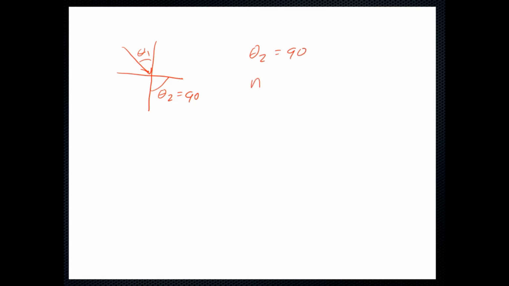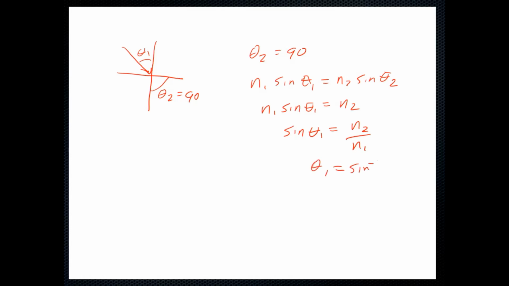We have n1 sine theta 1 is equal to n2 sine theta 2, so we get n1 sine theta 1 is equal to n2, because sine 90 degrees is equal to 1. So sine theta 1 is equal to n2 over n1, so theta 1 is equal to arc sine of n2 over n1.